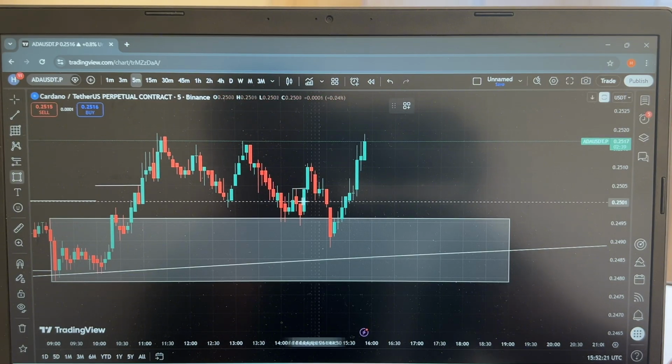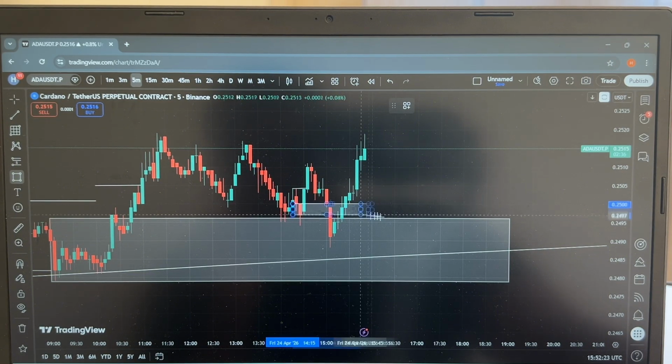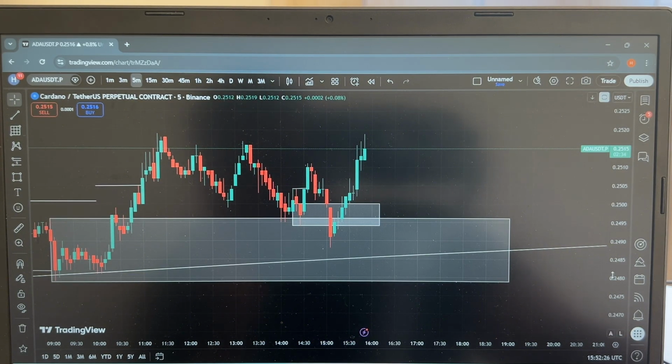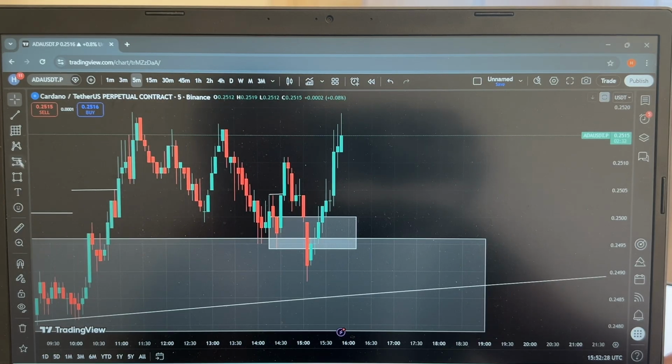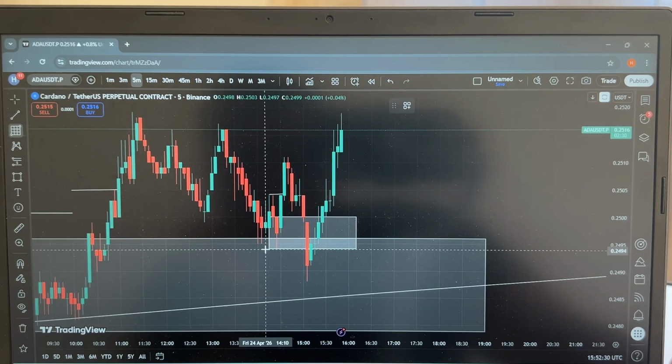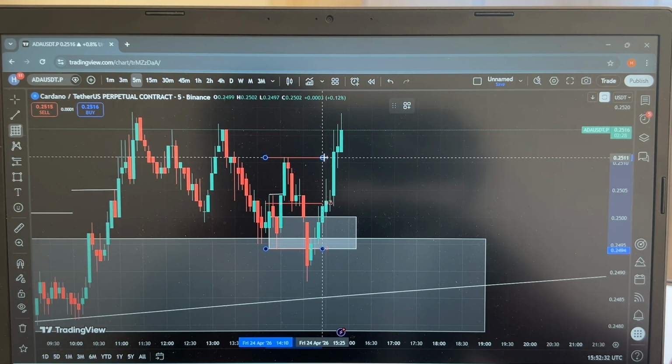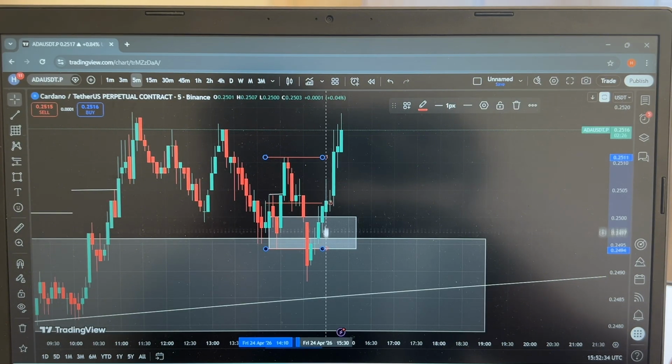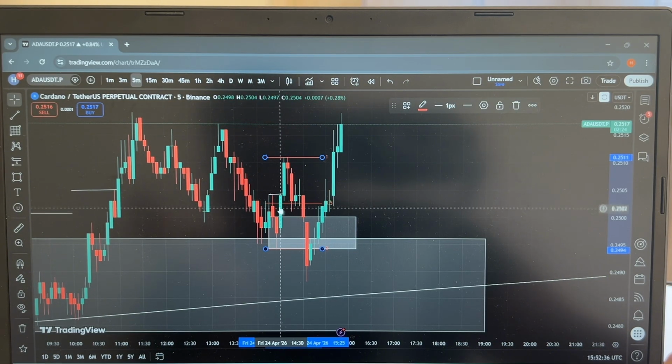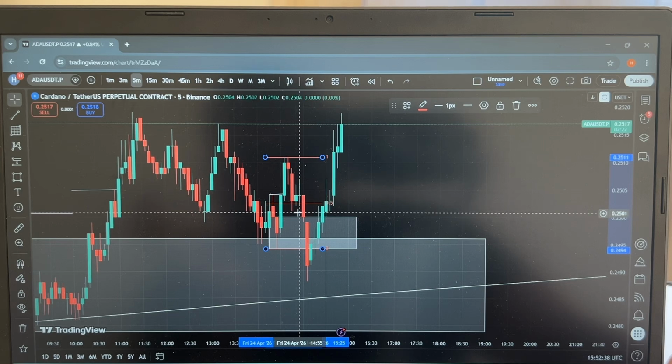Now we are going to draw the extreme order block. This is our extreme order block. There's nothing else. There's this FVG, but it did not support it.